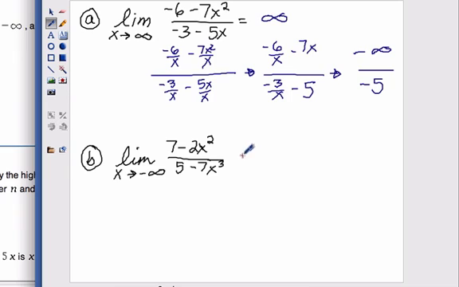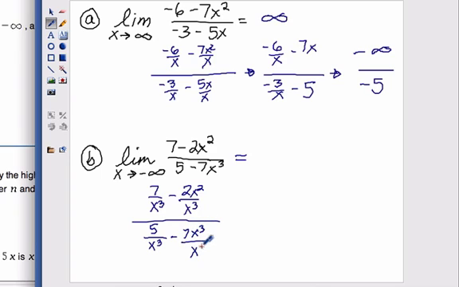Okay, so let's look at another example here. On this one, the biggest power of x in the denominator is x to the third. So we're going to divide everything here by x to the third. Minus 2x squared over x to the third, over 5 over x to the third minus 7x to the third over x to the third.